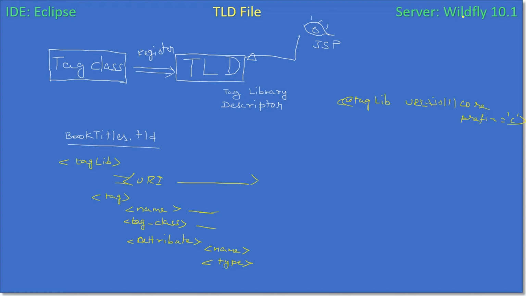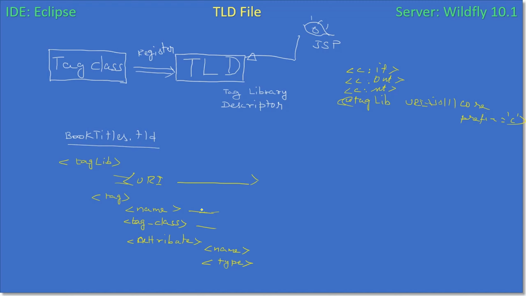So the runtime environment, WildFly, will search for this URI, and inside the URI it will find one or more tags. Say, for example, we used the tag with the prefix c:if, right? When we learned about the JSTL, at that time we used all these tags, right? c:out, then to declare a variable we use c:set and all that stuff. And if you see, inside the URI all these tags will be defined.